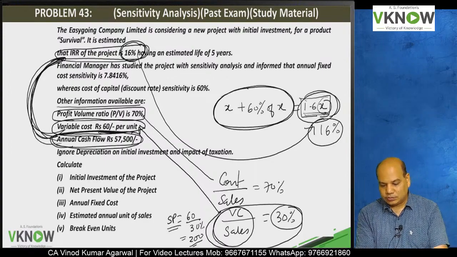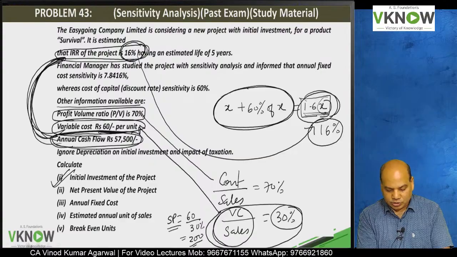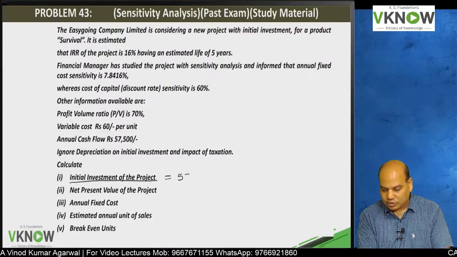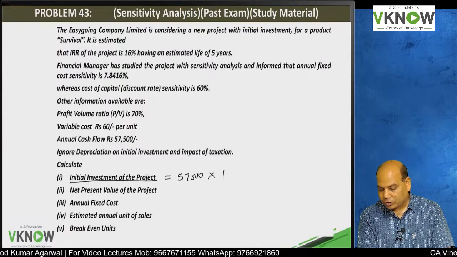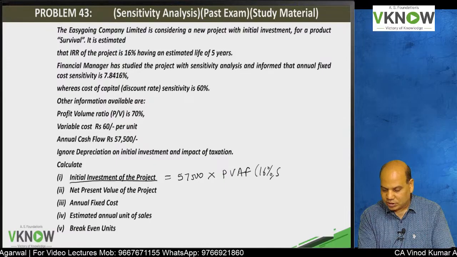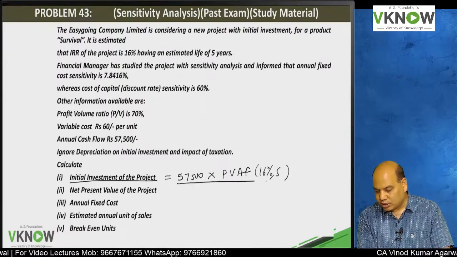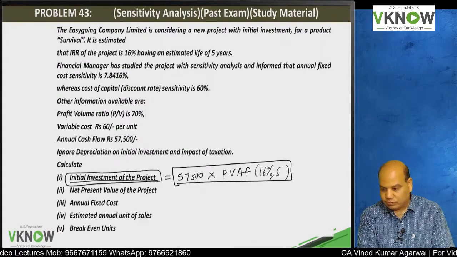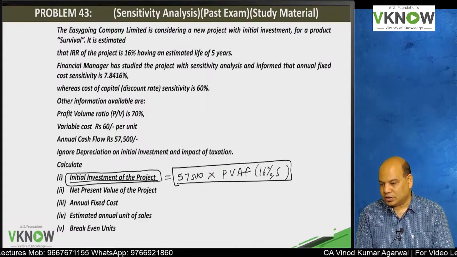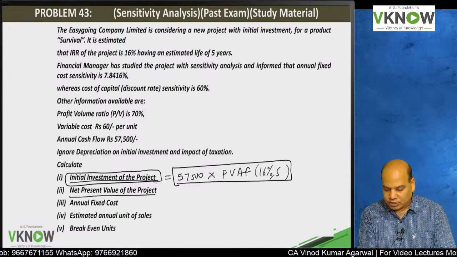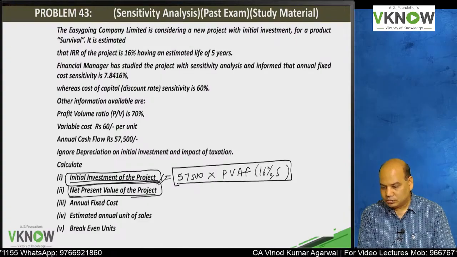So we can find out initial investment in the project also. Initial investment in the project is simply 57,500 into PV annuity factor at 16% and 5 year. This will give me PV of inflow, but that is also equal to cost of the project. Is it right? Once you get cost of project, you can compute NPV also.